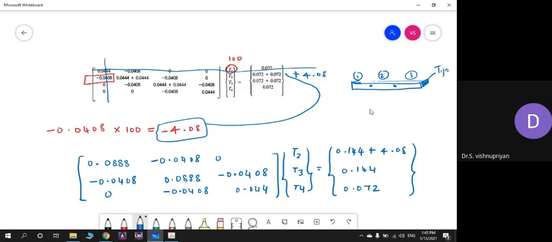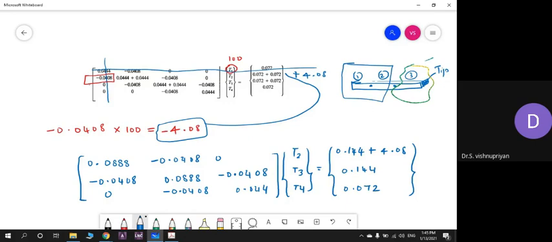exposed to the atmosphere. So if you have to consider the heat loss through the tip, you should do two steps. First step, you should consider all the elements except the last element, because the last element is what is exposed to the atmosphere. So you have to do this separately, and the other elements you have to do separately, and then assemble them.